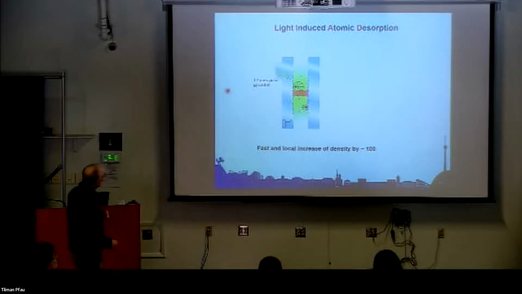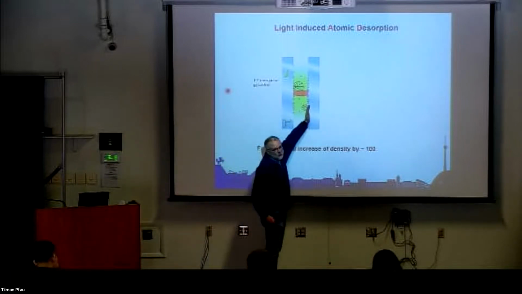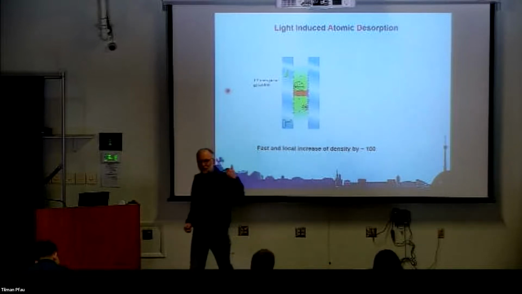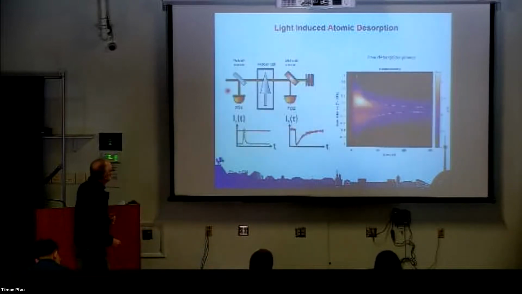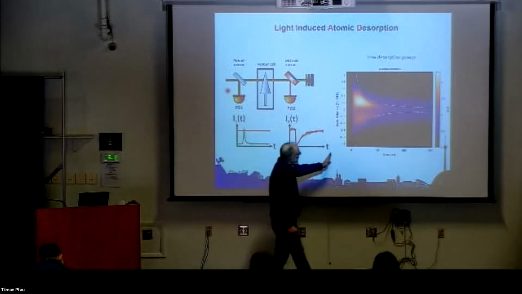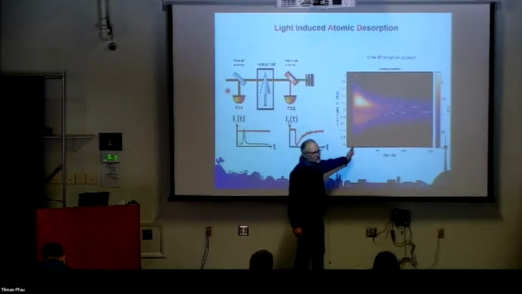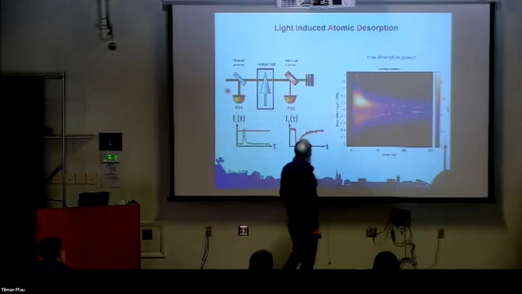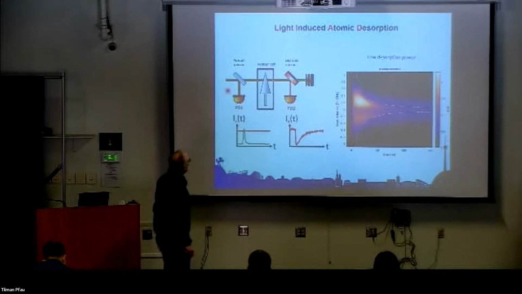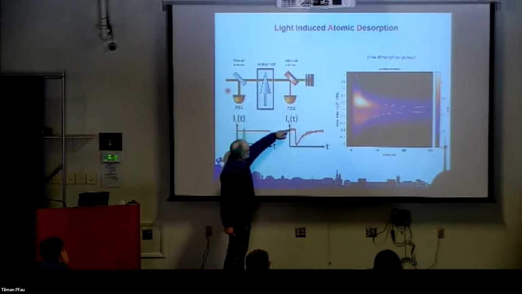So we investigated this. What happens here is that the atoms start to leave this surface and they move over to the other surface. And actually the same thing happens on the other side as well. So if we look at this desorption as a function of time after this pulse, as a function of the laser detuning, then let's look at this graph here.